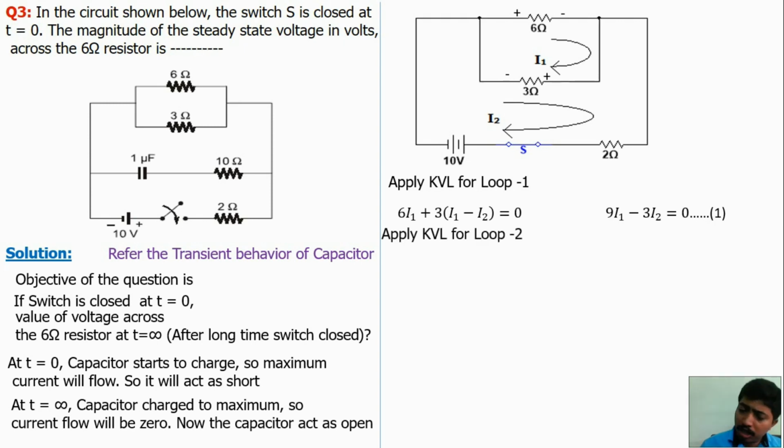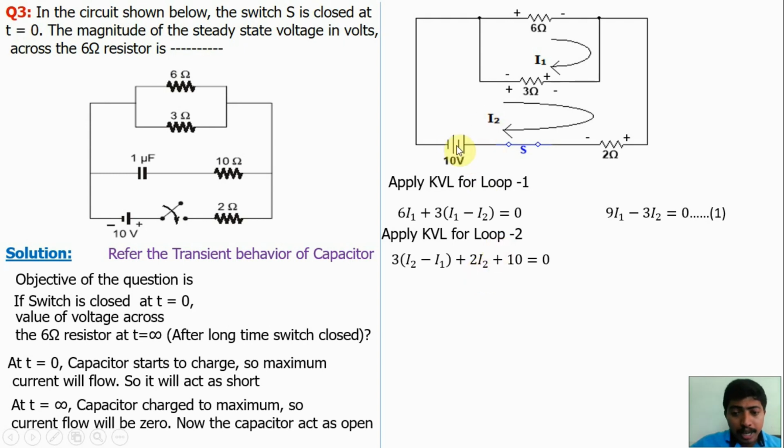So just mark the polarity of the resistive components in the direction of current. So here plus minus, here plus minus. In the 3 ohm resistor, I2 flows from plus to minus, but I1 flows from minus to plus. So 3 into (I2 minus I1) plus 2I2, because the current flows from plus to minus, so positive polarity, so 2I2.